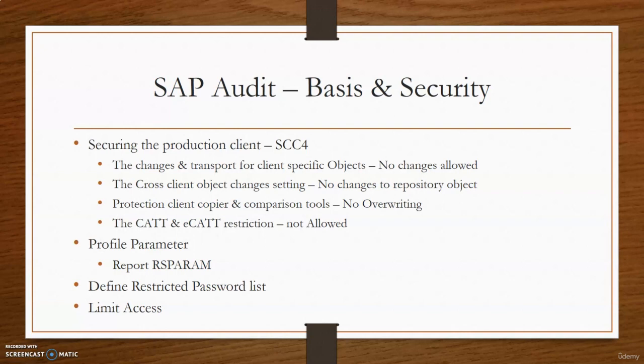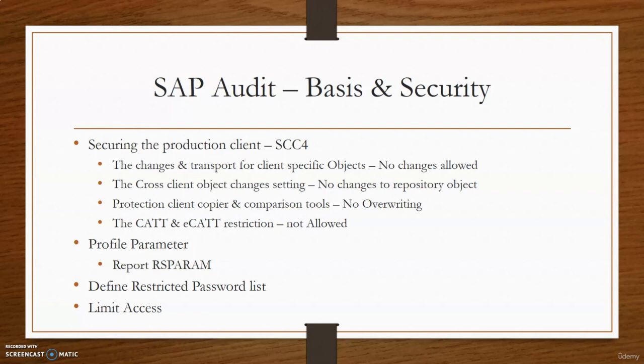The second thing we need to look into is enabling the table logs. As we want to see the configuration there, it may be possible that it got changed, so table logging should be enabled for table T000, so that we can check who made the changes in client settings and why the changes were done.